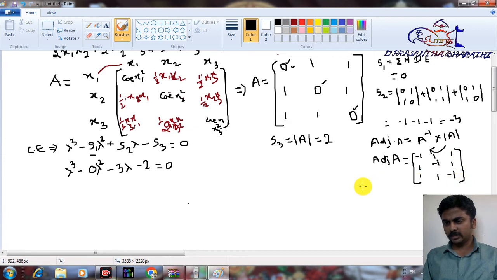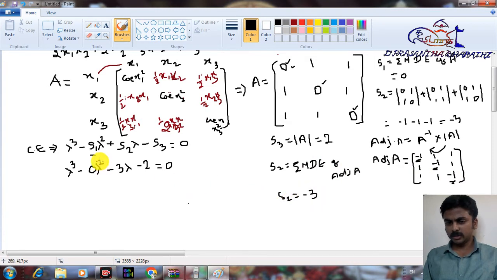Now we have adjoint A, so we can find S2 by taking the sum of main diagonal elements of adjoint A. For S1 we take the sum of main diagonal elements of A, whereas for S2 we make use of the sum of main diagonal elements of adjoint A. So S2 is given by minus 1 plus minus 1 plus minus 1, that is S2 equal to minus 3.